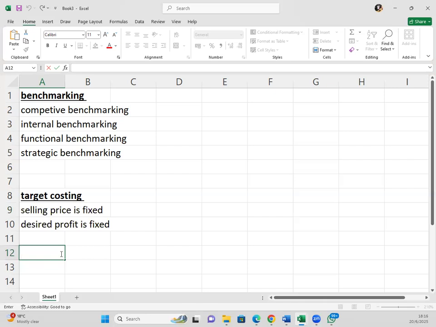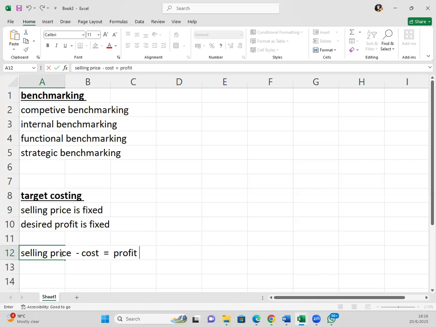Because remember, the relationship that we have is that we say the selling price, or we can say the sales, minus the cost. So if you buy something, if you deduct the cost, then that can give you a profit.